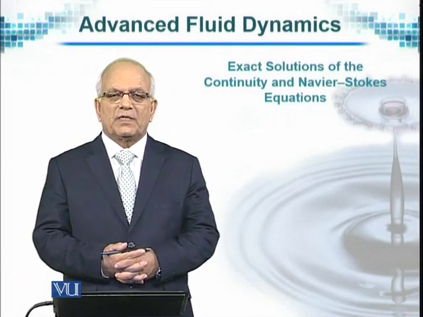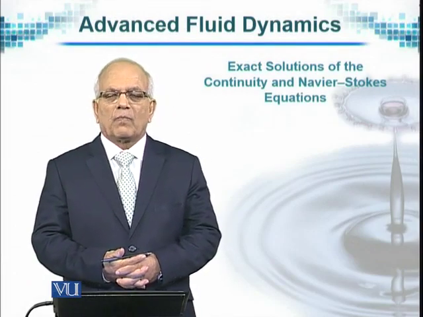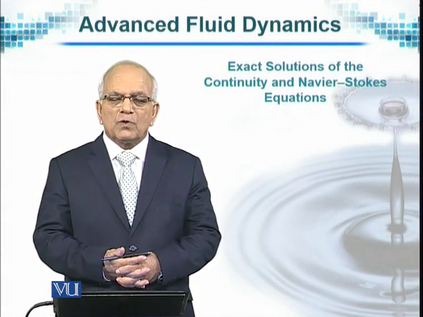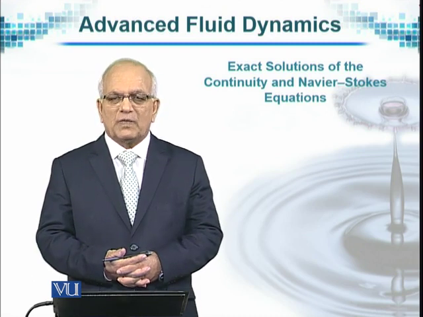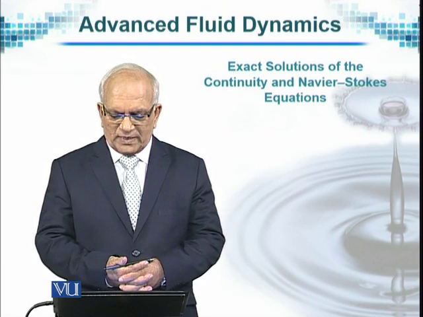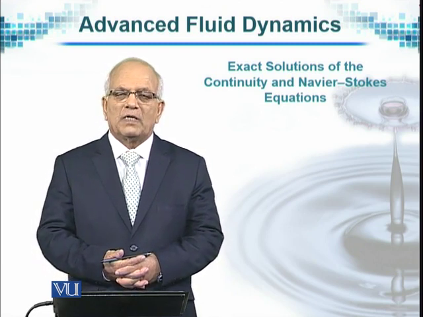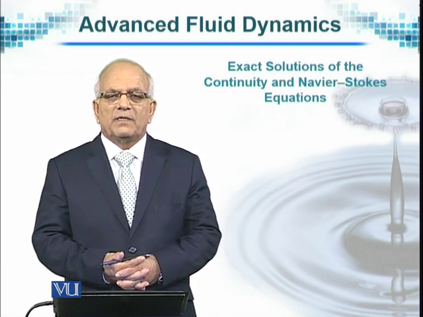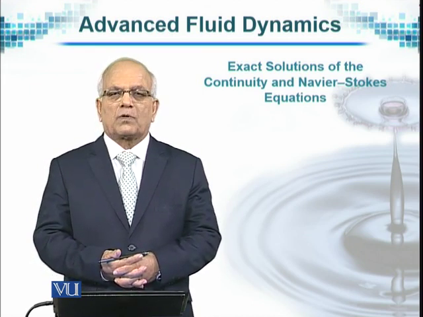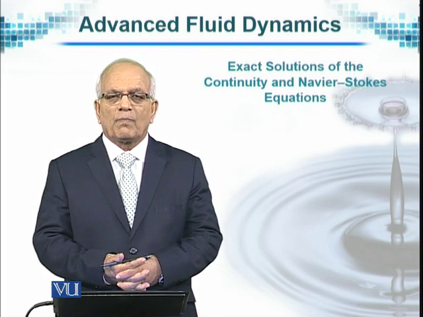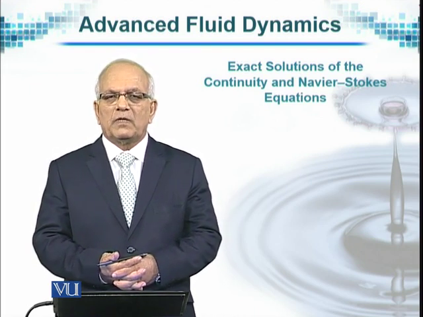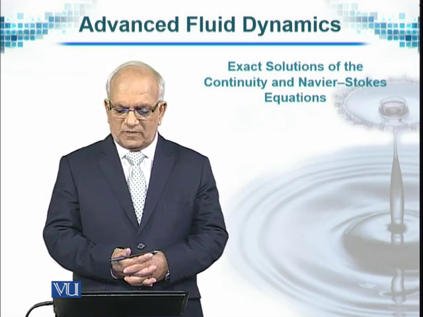We just consider a few problems and try to solve the Navier-Stokes equation for those problems that were given in two-dimensional motion in rectangular and cylindrical polar coordinates. As I said earlier, the general solution is difficult to solve for the Navier-Stokes equation. Only a few solutions are available under certain conditions.